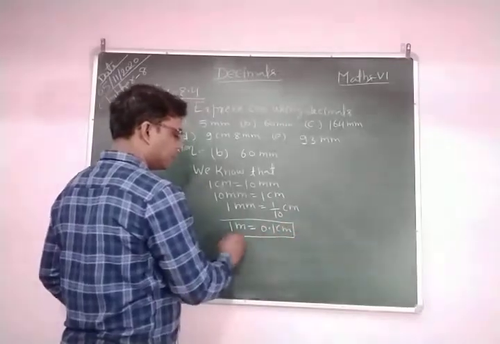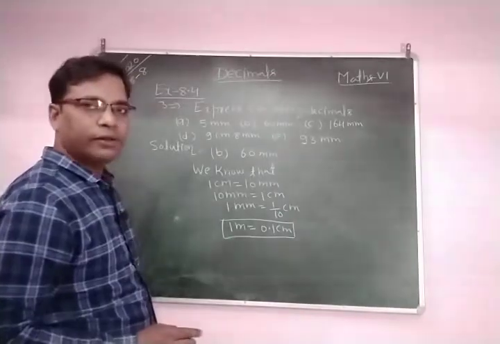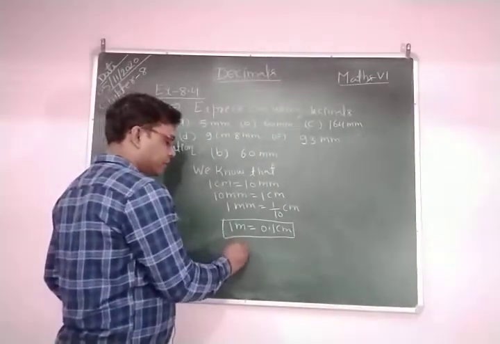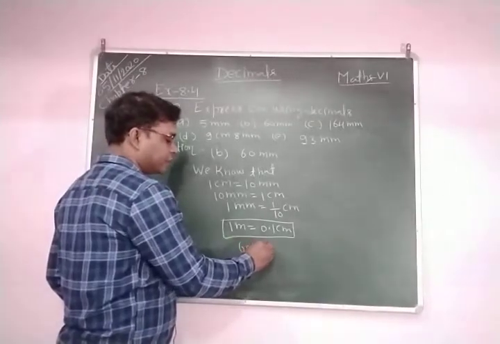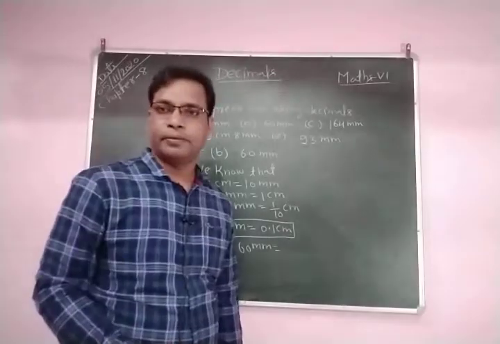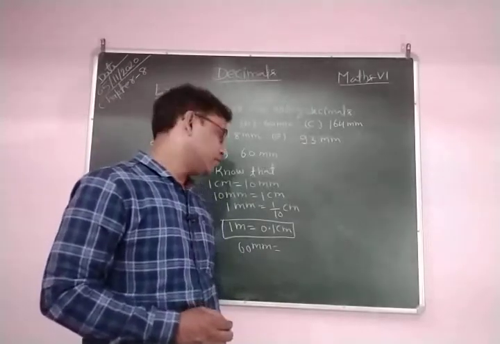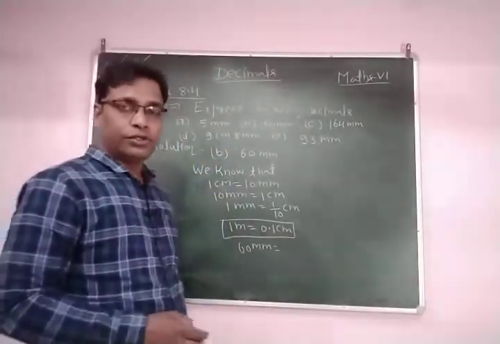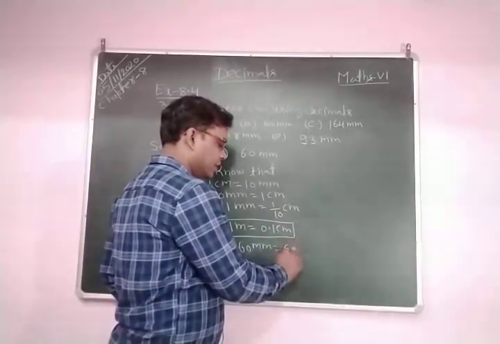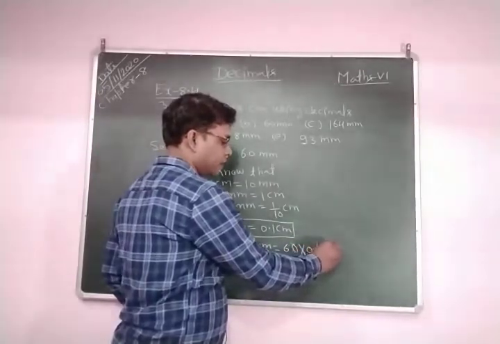This is the relation. So how many centimeters do we have? We have 60 millimeters. So 60 millimeters is equal to 60 into 0.1 centimeter.